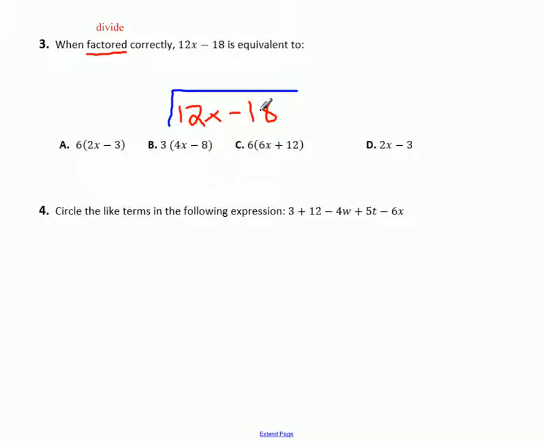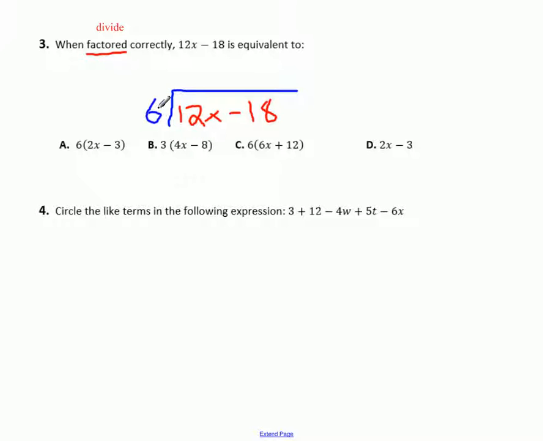If you're using your multiplication chart, look down a row that has 12 and 18 in it, and that will be a number that will divide 12 and 18. That number happens to be, there's a couple numbers, but 6 happens to be one of them. 3 is another number, but it's not the biggest number, and we want to use the biggest number all the time when we're factoring in order to factor completely.